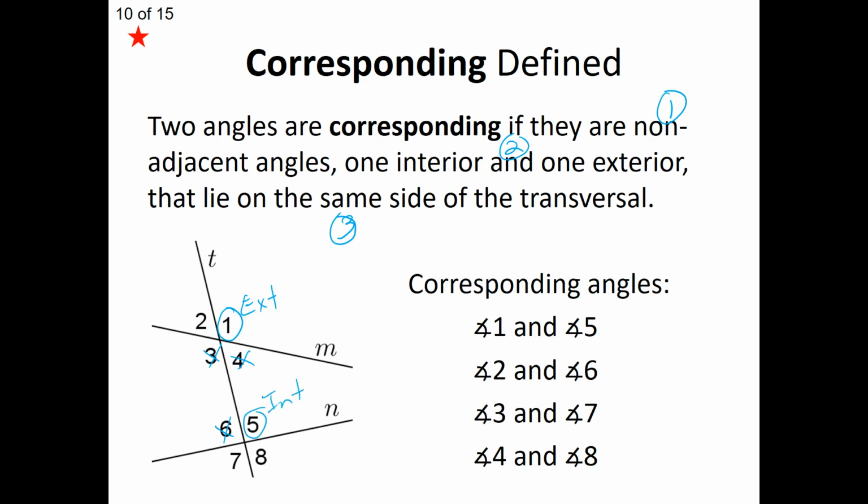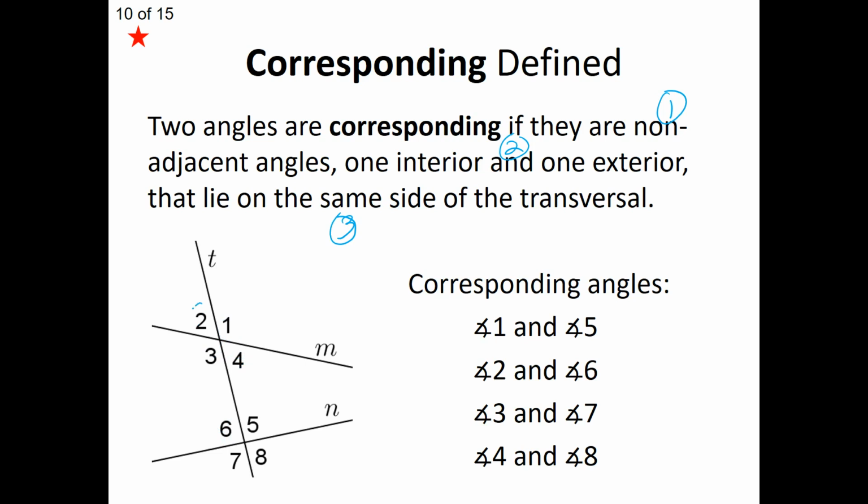Note that if you take a look, angle 1 and angle 5 are also another way of thinking about it. They're in the same location depending on our transversal. They're both on the same side of the transversal and above their respective line, which means 1 and 5 are considered corresponding angles. Now that you see 1 and 5 are corresponding, then it's pretty easy to pick out the other pair of corresponding angles.